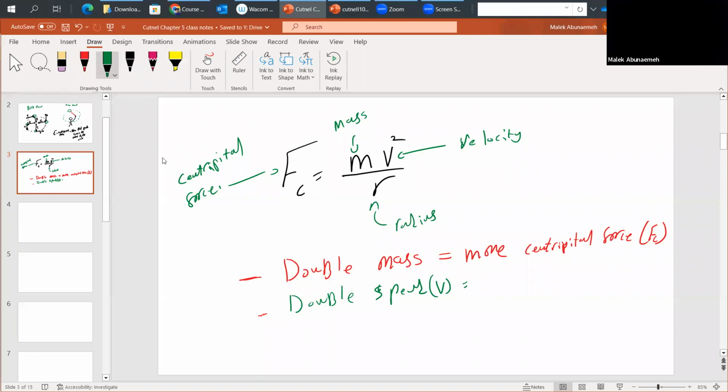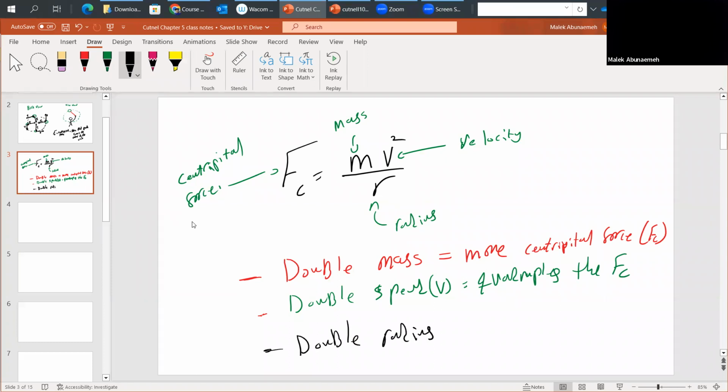That means your centripetal force will quadruple. This is going to be quadruple the centripetal force. Now, if you double the radius, what's going to happen? It will halve the centripetal force.